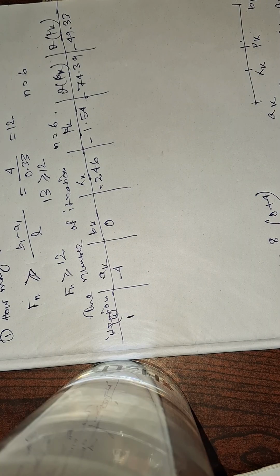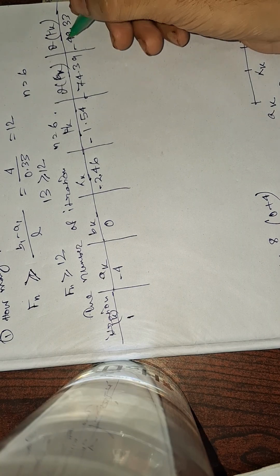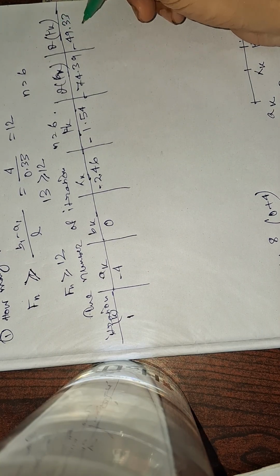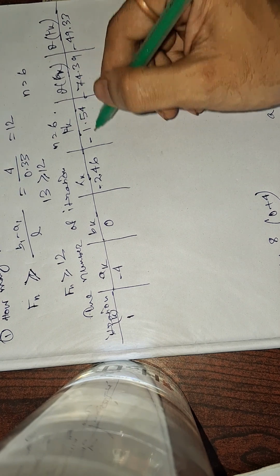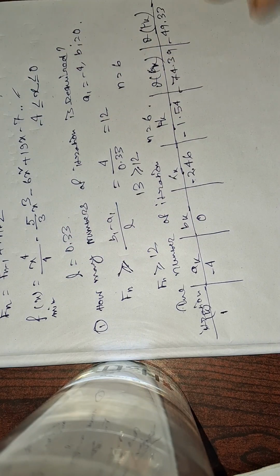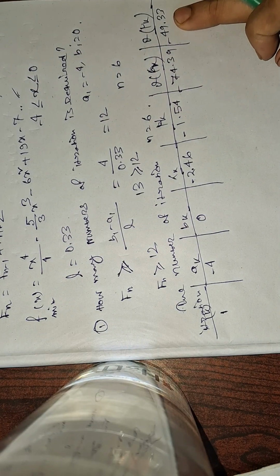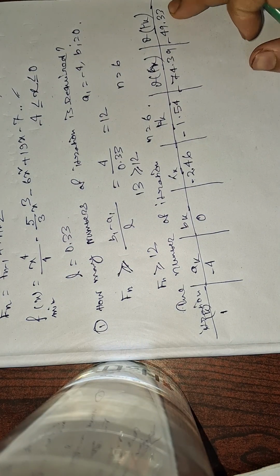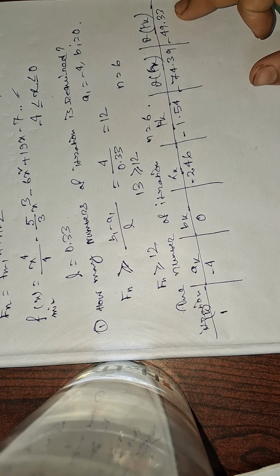And theta mu k, we can also put the value of mu k, minus 1.54, in the function, and we find the value of theta mu k is minus 49.33.